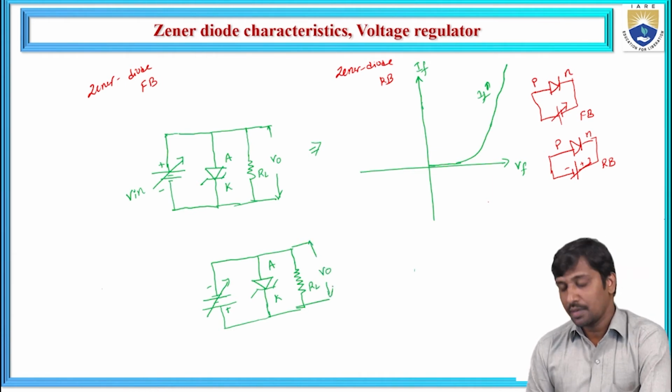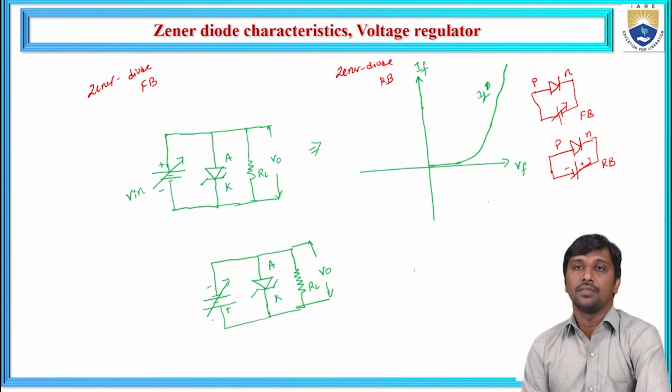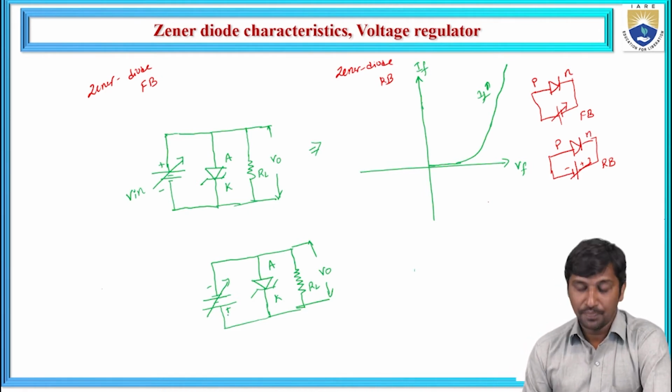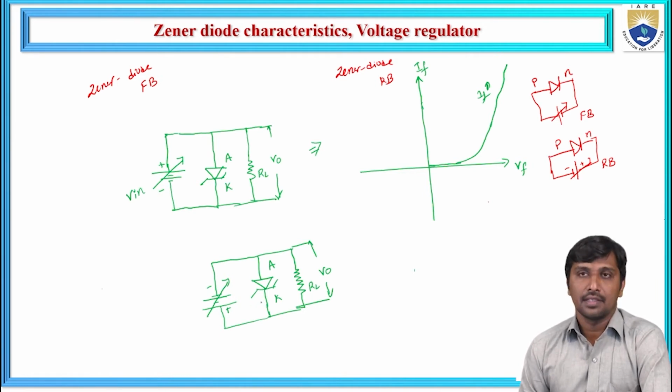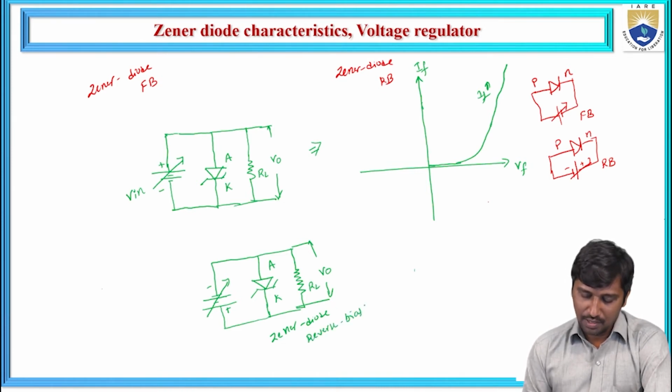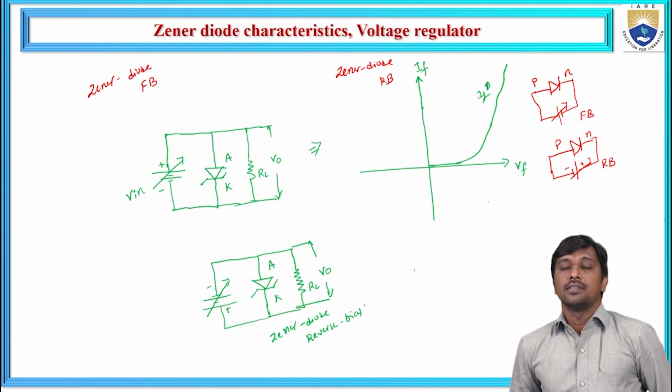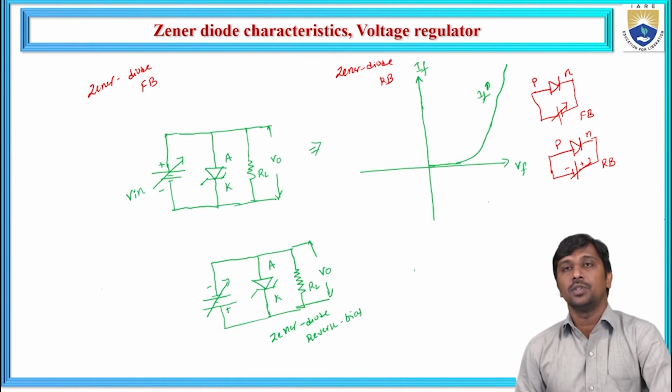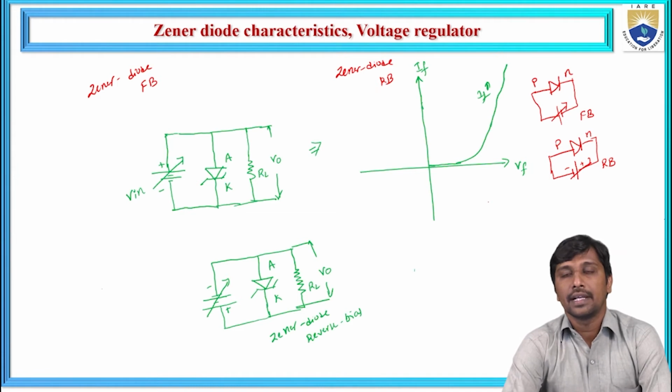So at this point, by approaching this external DC source to the Zener diode under this condition, the Zener diode acts as reverse biased. Here the Zener diode has entered into the reverse bias, and this Zener diode is especially designed to allow conduction in forward bias as well as reverse bias.